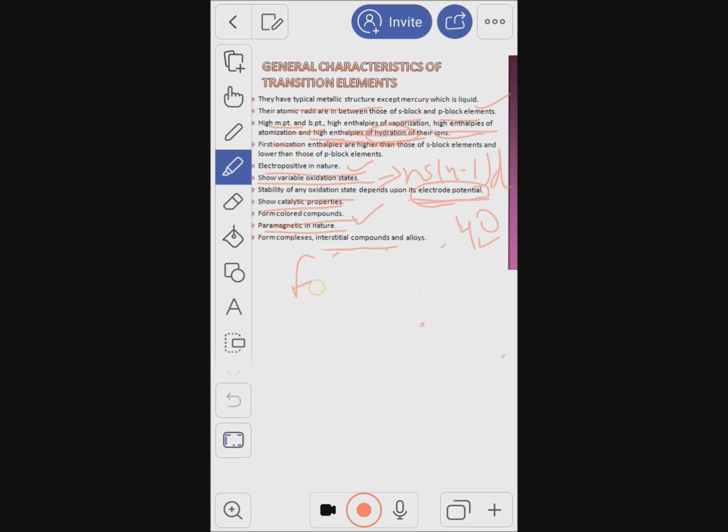This is Fe3H, in which iron crystals have some vacancies or voids in which this hydrogen atom is fitted in the interstitial sites and forming an interstitial compound. And transition elements also form alloys like brass, bronze, etc.